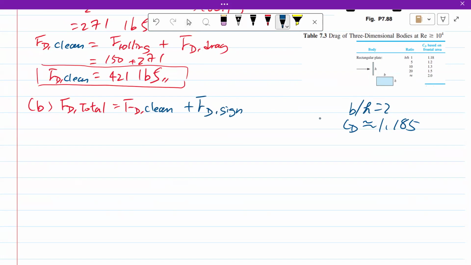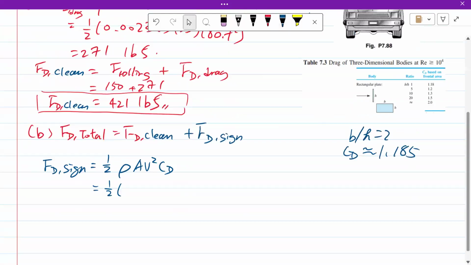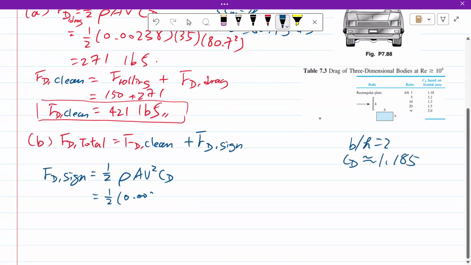So our FD sign is half rho A V squared CD. The density stays the same, 0.00238. Our area updates because it's the area for the sign, right? That becomes 6 feet by 3 feet.